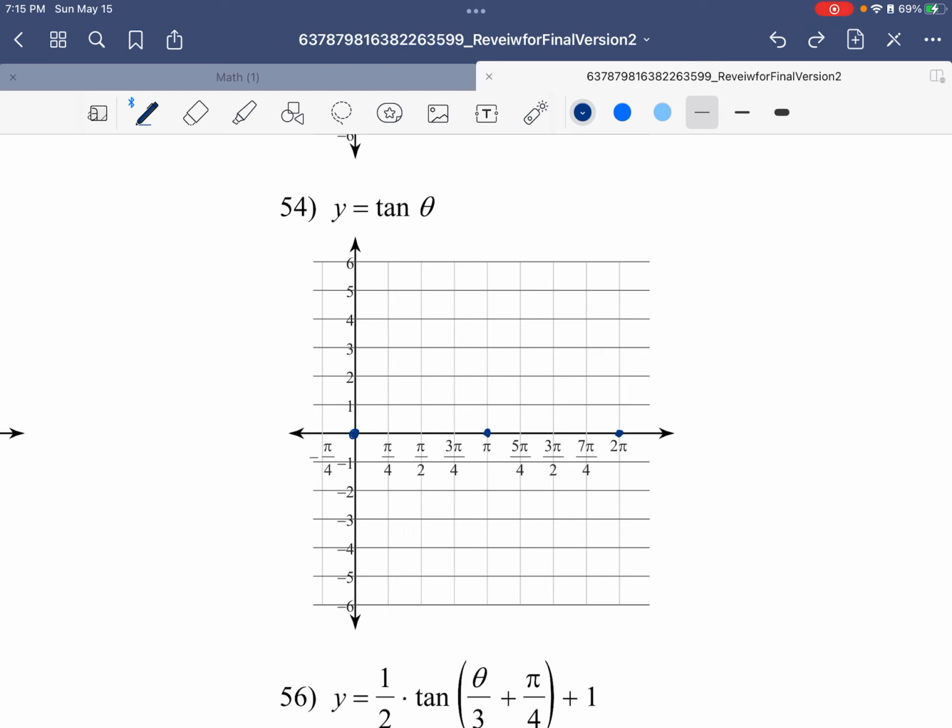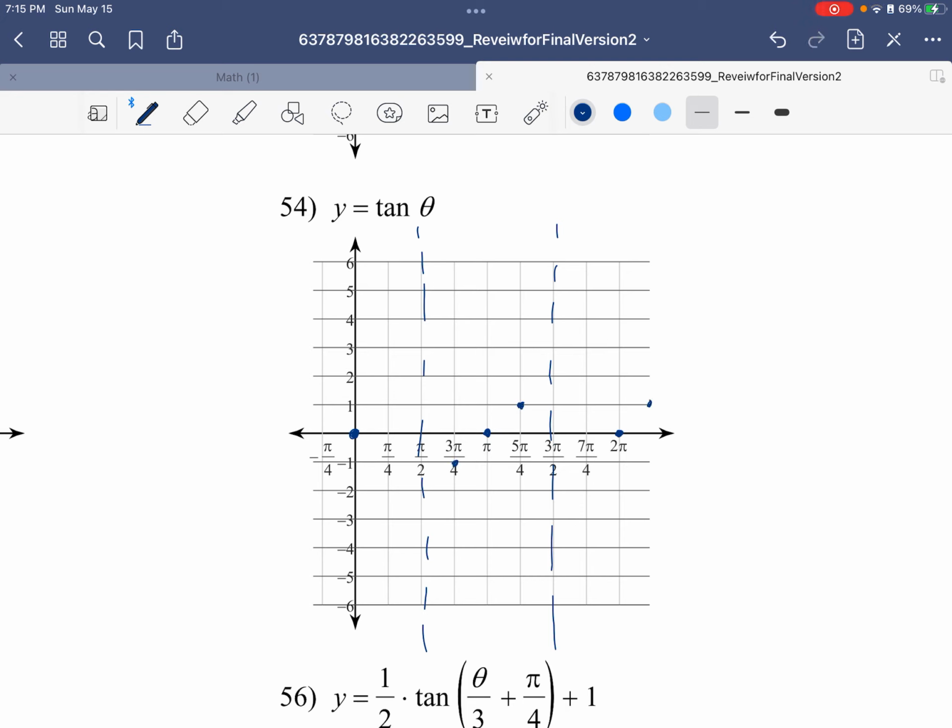So in one period of tan, you have 3 intercepts, 3 points. So these are your points. And then halfway between each of these points is a vertical asymptote. And halfway between this and this is going to be 1.